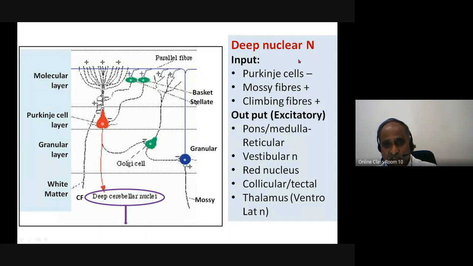These are the inputs. The output goes to various areas: pons, medulla, reticular system, colliculus, the vestibular system, vestibular nucleus, red nucleus, the tectal nucleus, thalamus, and all other areas. So that is the output of the deep cerebellar nucleus.